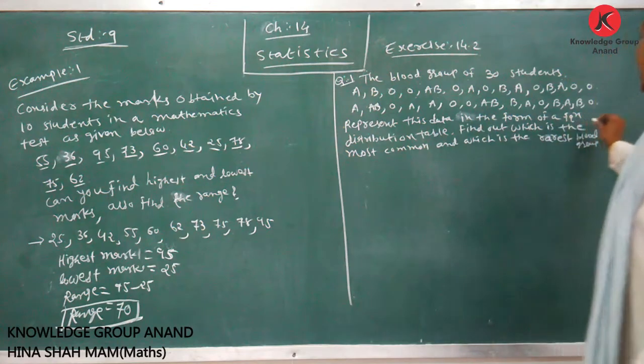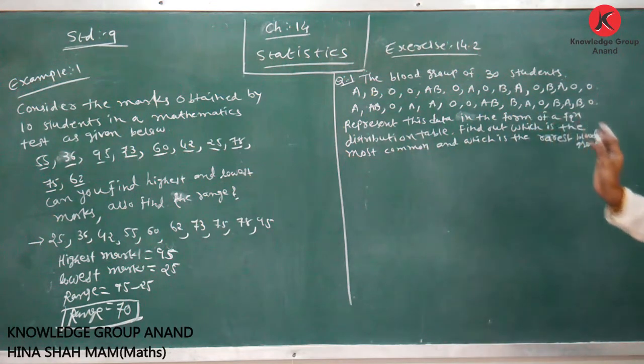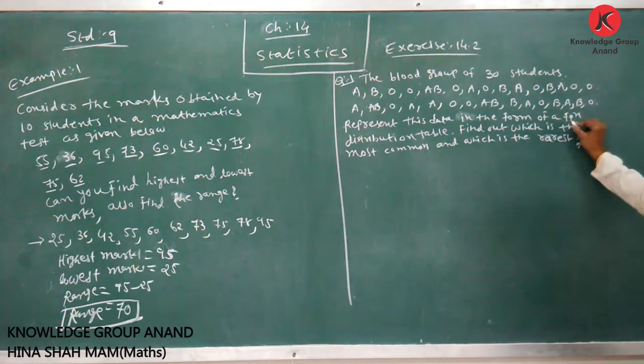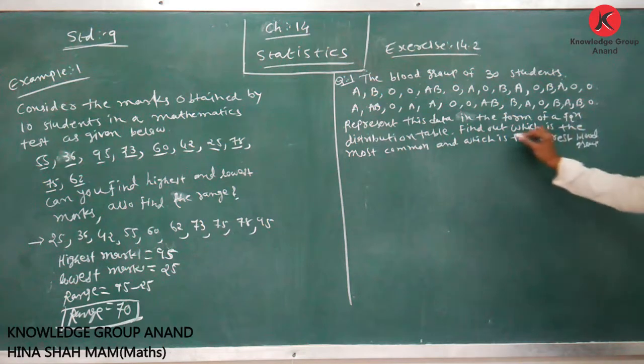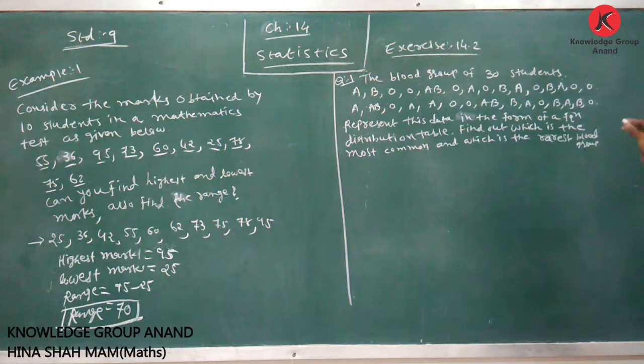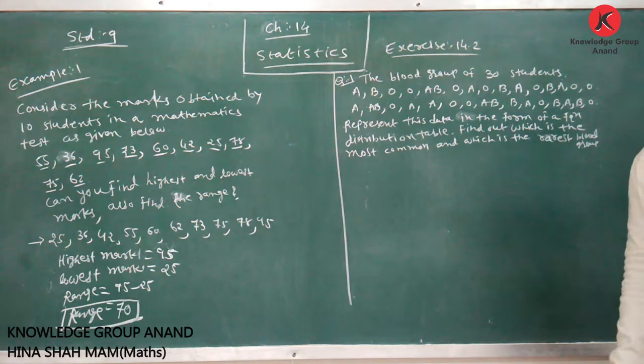Represent this data in the form of a frequency distribution table. Find out which is the most common and which is the rarest blood group of this data.